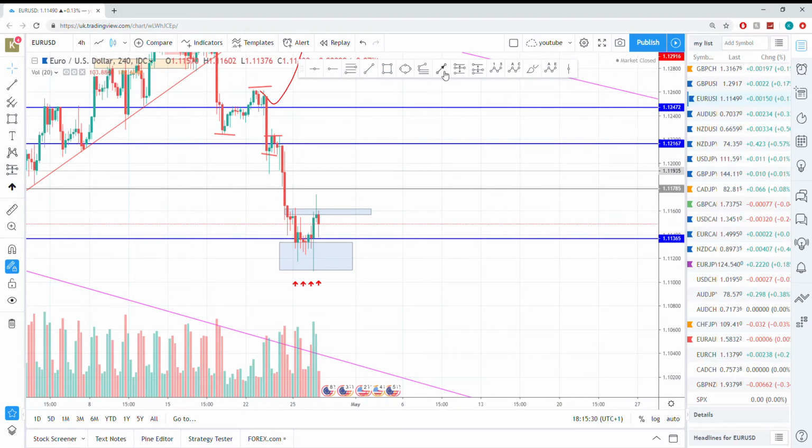In terms of looking for a short, if we get a close here, so let's say price comes here, we get a retest. This is an important part of my strategy: the retest. The retest is what confirms the trade. So the retest of this candle and a close again must be in this zone.